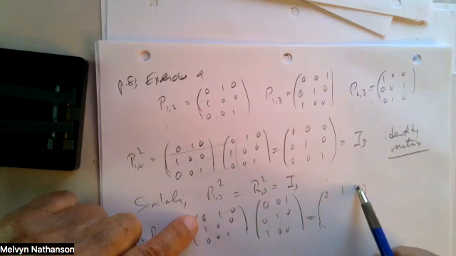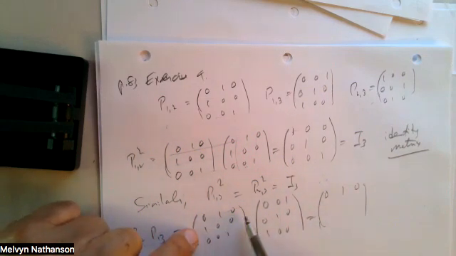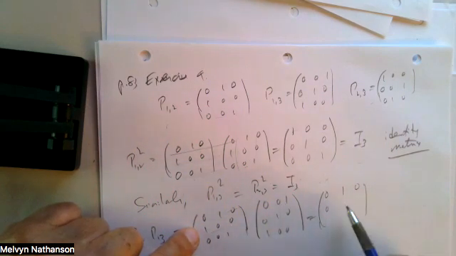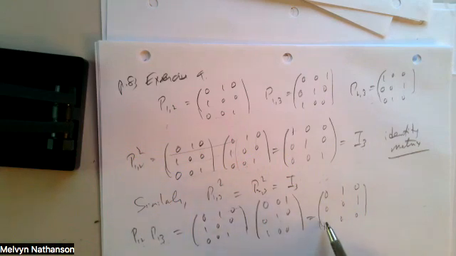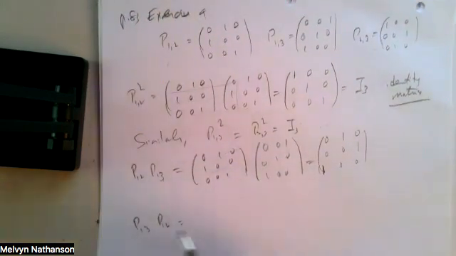First row into the third column is 0. Sorry, second row into the first column is 0. Second row into the second column is 0. Second row into the third column is 1. Third row into the first column is 1. Into the second and third columns gives me 0. So this matrix is P12 P13. All right? It's just a calculation.